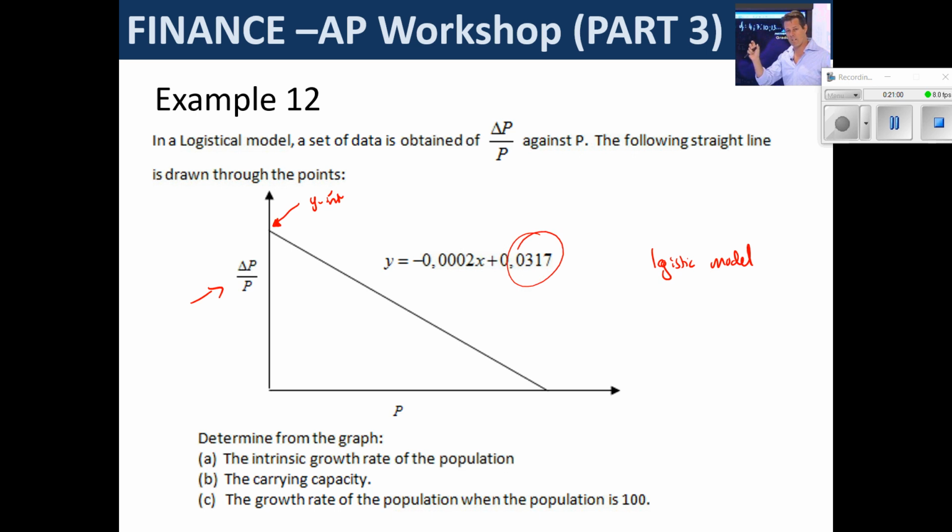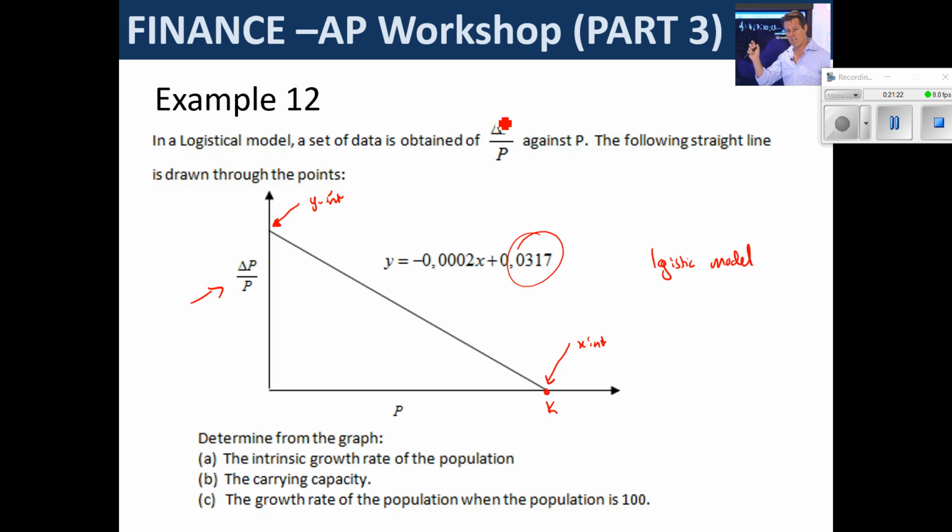We can read that straight away. What is the carrying capacity? Well, the carrying capacity is when the change in the population tends towards some equilibrium value. So we know that the carrying capacity is the x-intercept, which isn't too hard to work out from a straight line graph. And then they say, what is the growth rate?